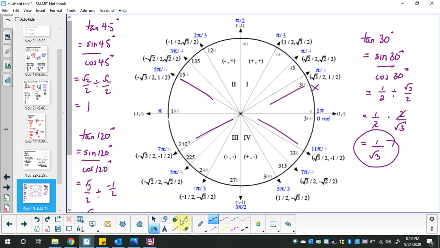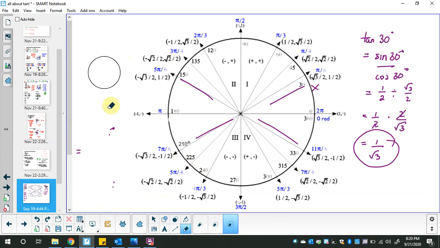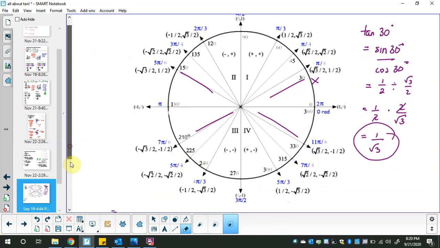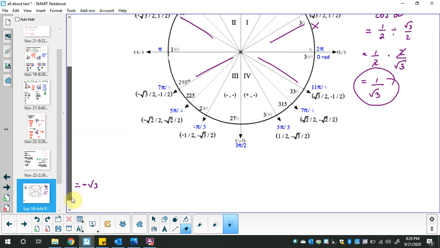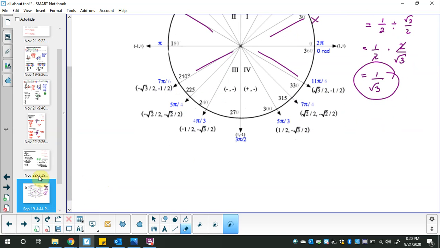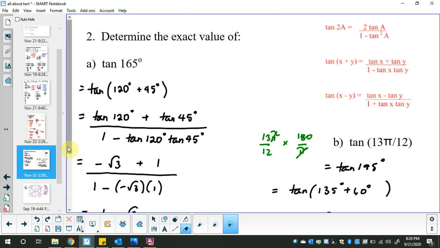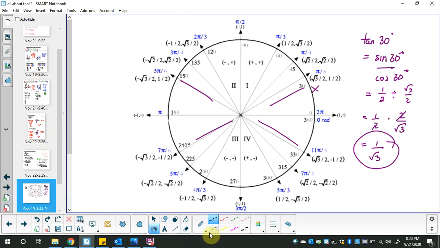So let's start from scratch. Which one do you want to do first? I think I'm going to do 135 first. Tan 135 degrees is equal to sine of 135 degrees over cos of 135 degrees.